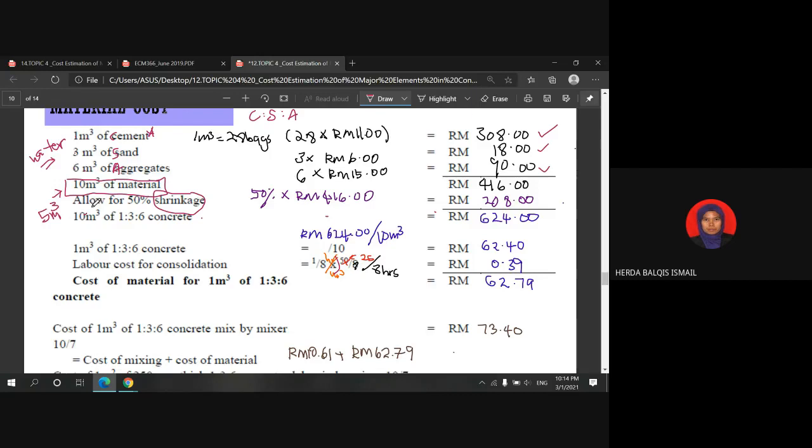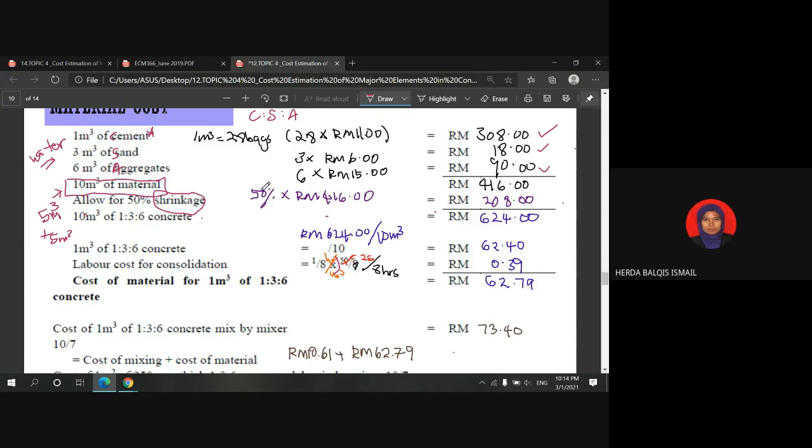That's why we need to allow another 50% shrinkage to ensure that the total materials we get is 10 cubic meters, to add up another 5 cubic meters.